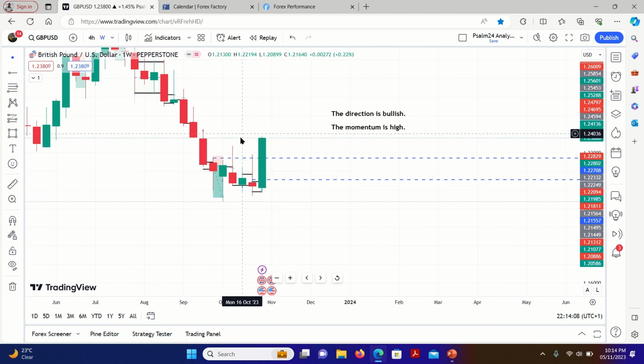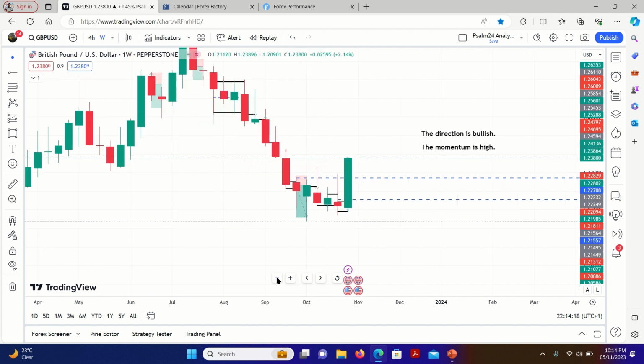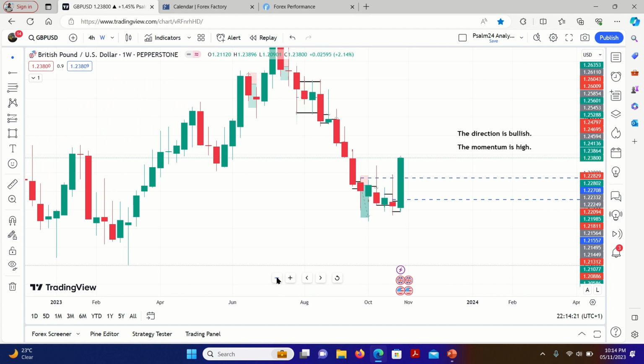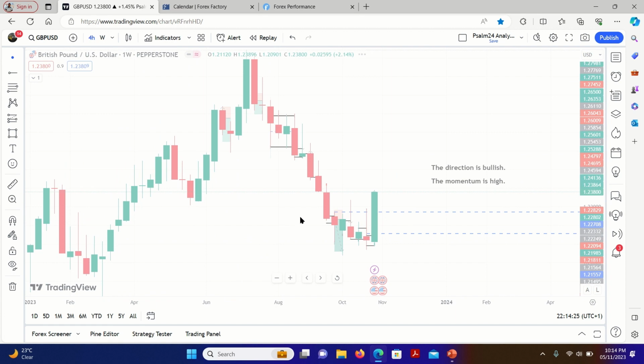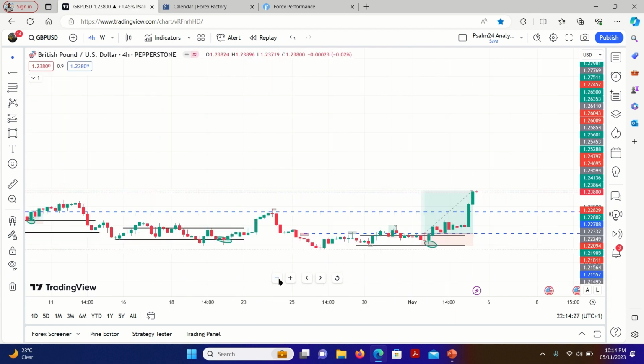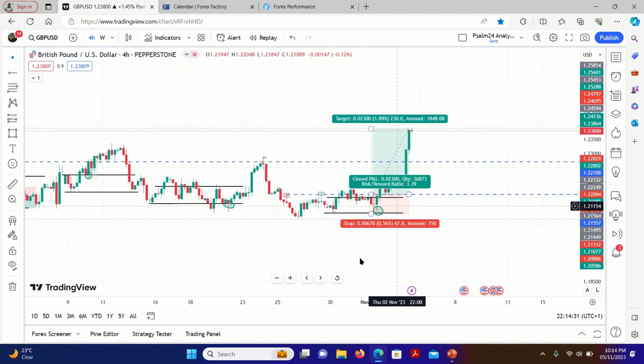Number two is that the candle closed close to the top, which is a clear indication of increased momentum. So what are we to expect? We are still going to expect bullishness on this particular pair this week.